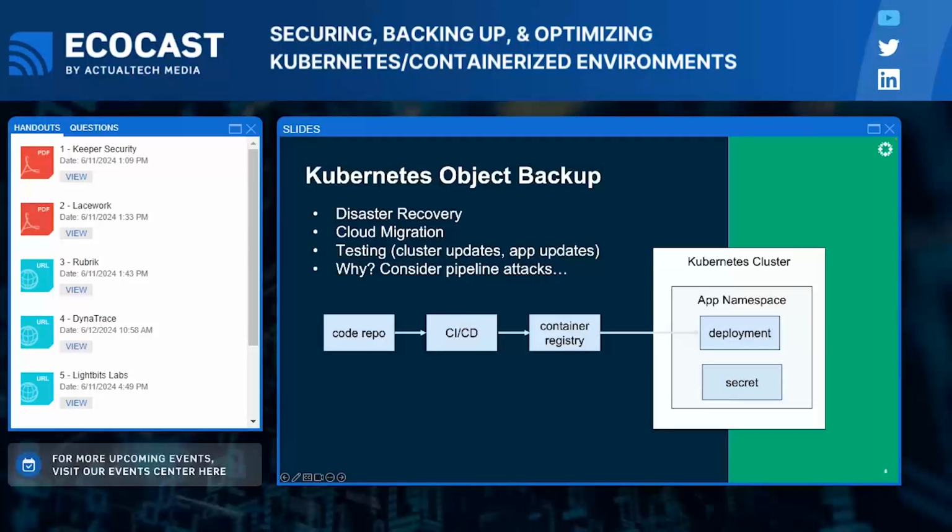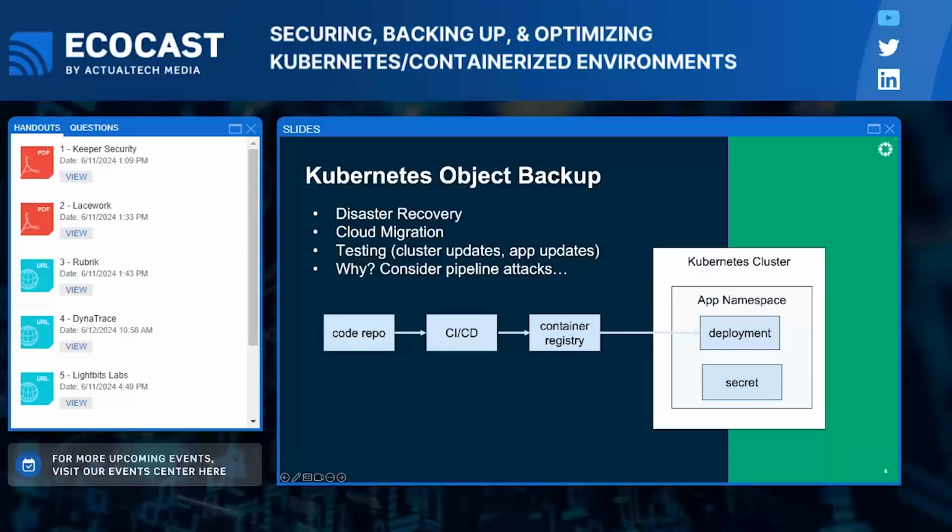A very unique use case, I think, that I've only seen in Kubernetes so far is testing. The question comes up, hey, there's this new version of Kubernetes coming out. We need to be able to test our production applications on this new version of Kubernetes before we actually upgrade our production clusters.